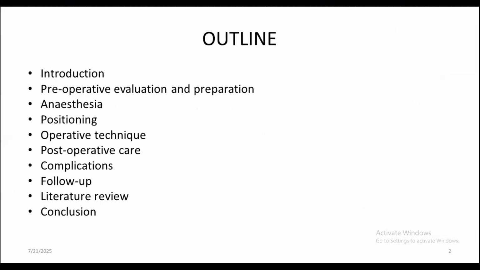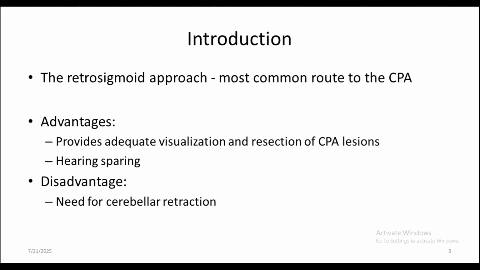I will use the following outline for the presentation from introduction down to literature review, and then I will conclude. As a brief introduction, the retrosigmoid approach is the most common route to the CP angle. This is because of the advantages that this approach has over the other different approaches to the CP angle.